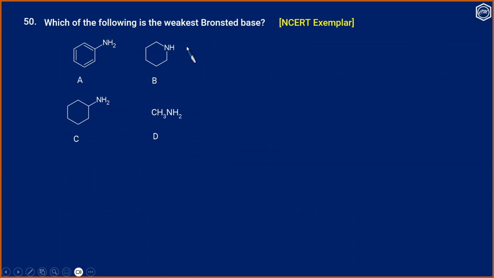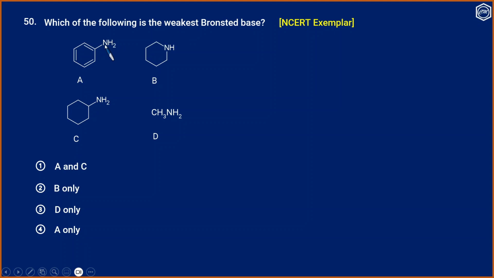Which of the following is the weakest Bronsted base? A, B, C and D. Option 1 A and C, option 2 B only, option 3 D only, option 4 A only.